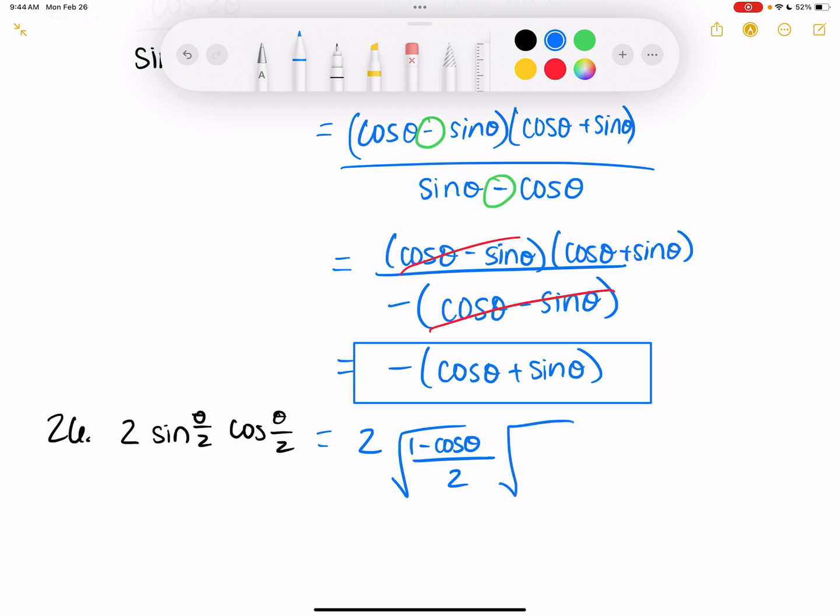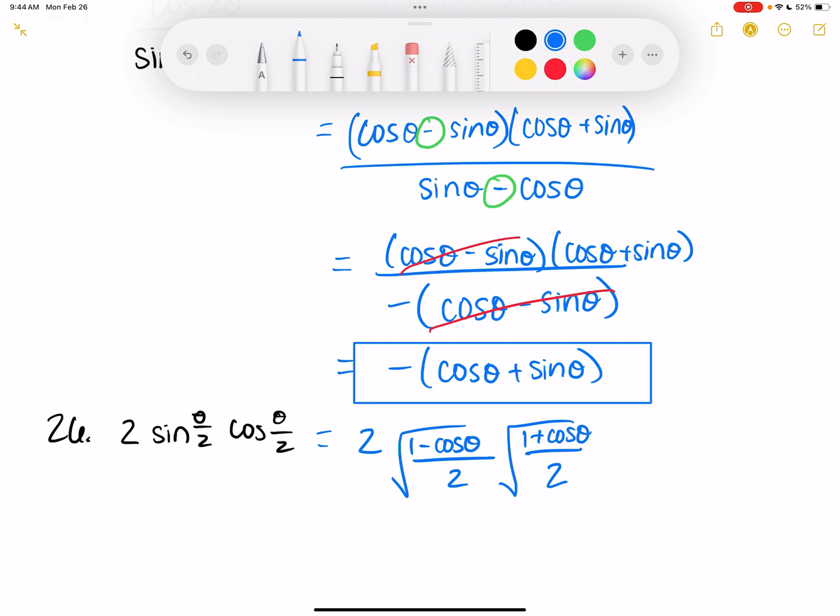Plus radical 1 plus cosine theta over 2. Yep. Okay. So this is also why it was important in the problem that they told us that it's from 0 less than theta less than pi over 2, because that means that angle is going to be in quadrant 1, which means everything's going to be positive, because otherwise I would be dealing with the negatives and all that stuff on the radicals.